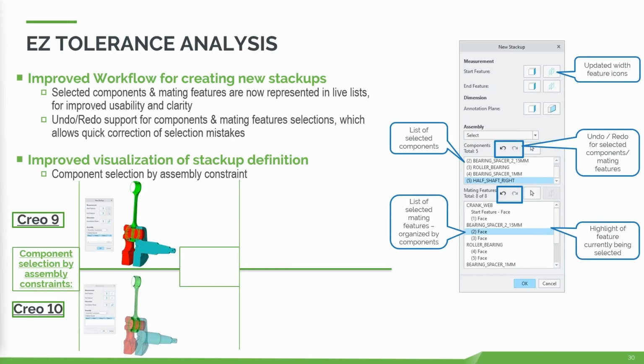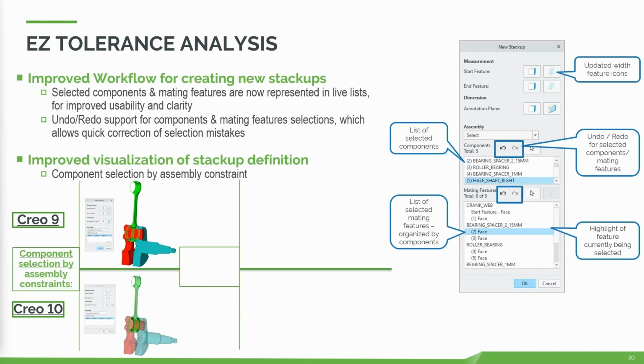Also related to this is the Easy Tolerance Analysis. This replaced the old Tolerance Analysis extension a few releases ago now in Creo. This is for doing your 1D tolerance stacks to make sure all of your fits are going to work, and to get your Six Sigma quality in terms of your bell curve and what yield you're going to achieve for your product.